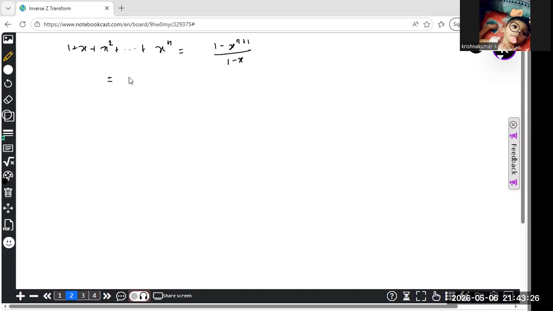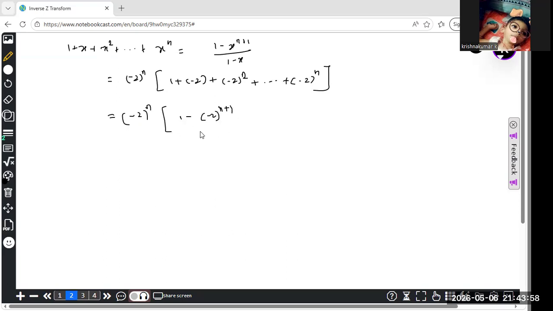So here we have the expression 1 plus (minus 2) plus (minus 2) power 2 plus and so on plus (minus 2) power n. In the place of x we have minus 2, so the formula gives (1 minus (minus 2) power n plus 1) divided by (1 minus of minus 2).